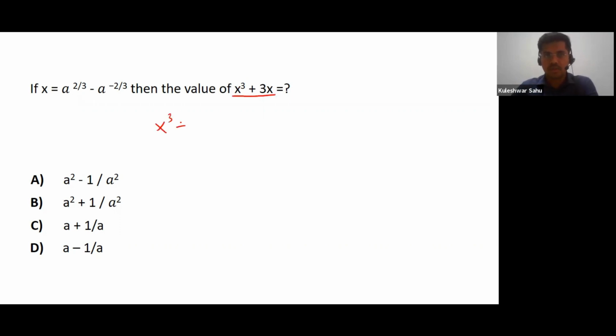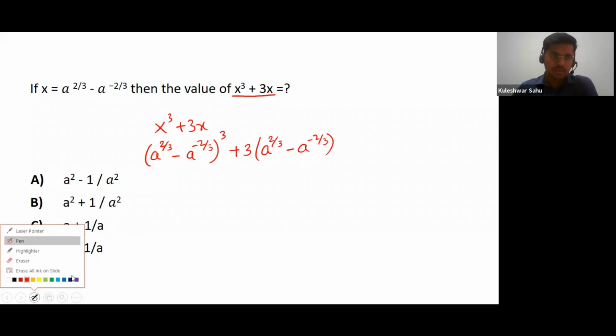x cube plus 3x. I'm going to put the x value over here. x value is a to the power 2 by 3 minus a to the power minus 2 by 3, whole cube, plus 3 into a to the power 2 by 3 minus a to the power minus 2 by 3.